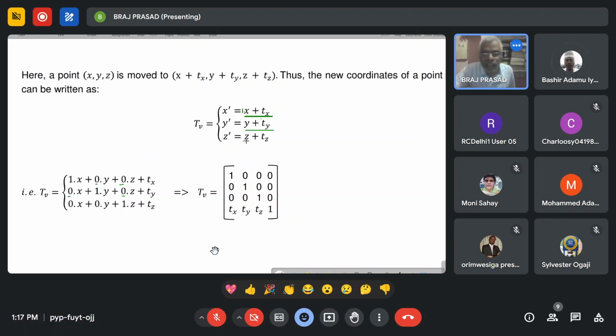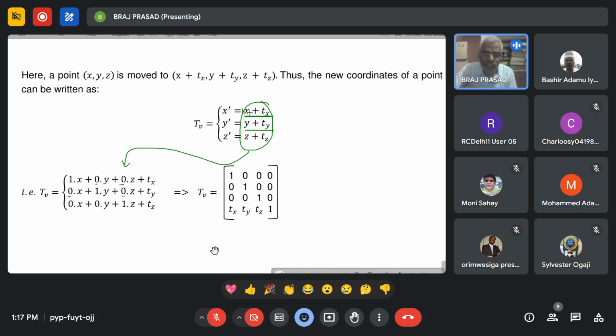And in the third equation, the coefficients of x and y are 0, but the coefficient of z is 1. So these equations are rewritten in this form, in which all directions are shown.